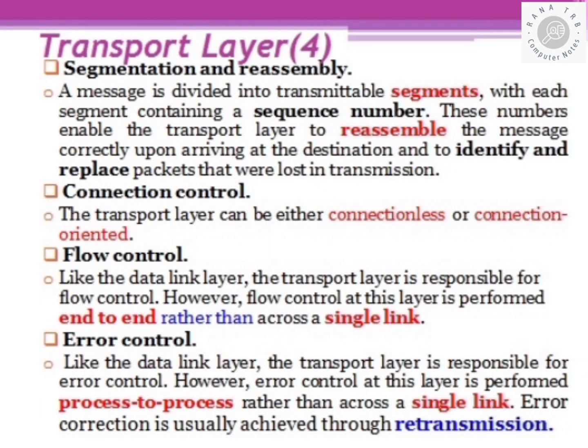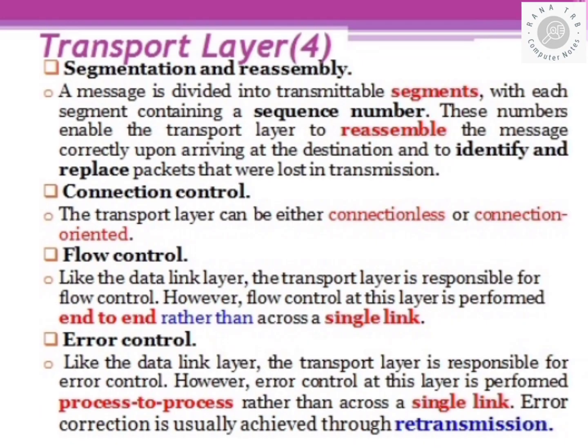Transport layer. Here the message is divided into transmittable segments, with each segment containing a sequence number. These numbers enable the transport layer to reassemble the message correctly upon arrival at the destination and to identify and replace the packets lost in transmission. Connection control: the transport layer can be either connectionless or connection oriented.